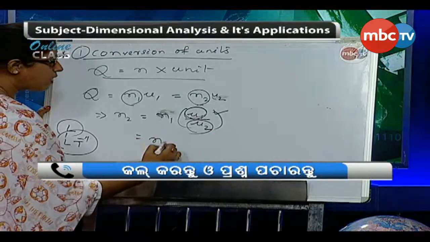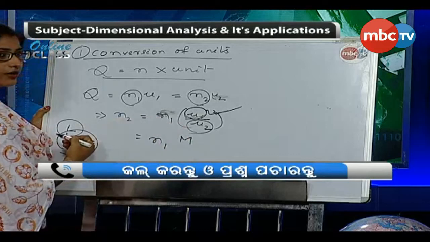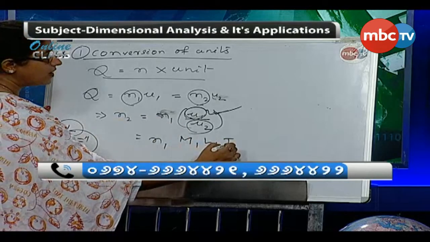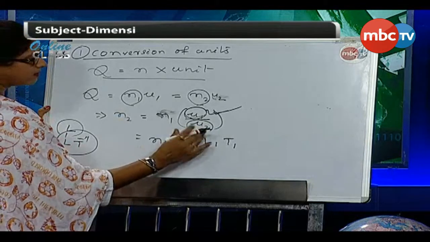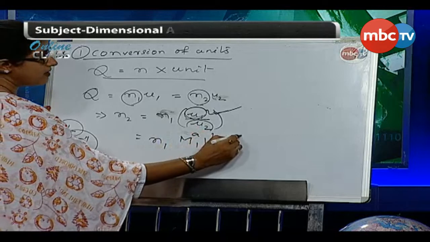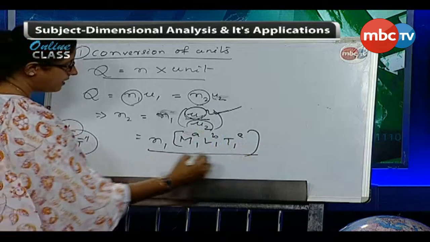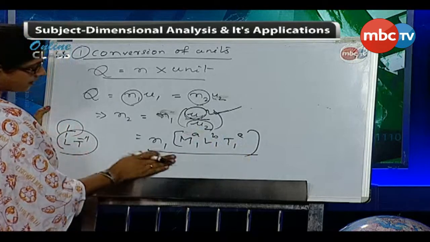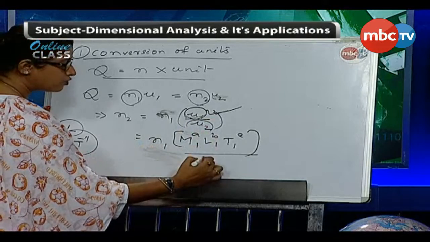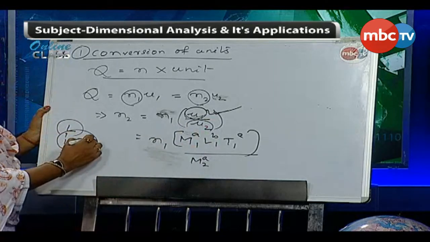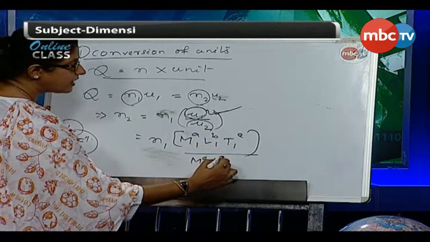Suppose in U1, the first system of unit, the physical quantity is expressed as M1 to the power A, L1 to the power B, T1 to the power C, whereas in U2, it is M2 raised to A, and so on, because the exponents will not change. As we have taken the same physical quantity, the exponents will not change.